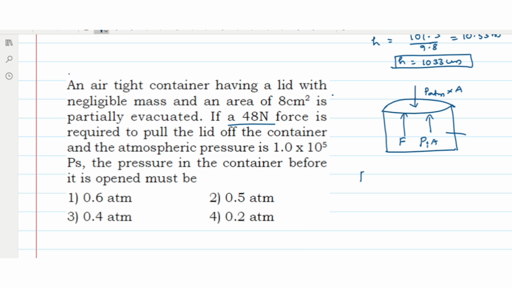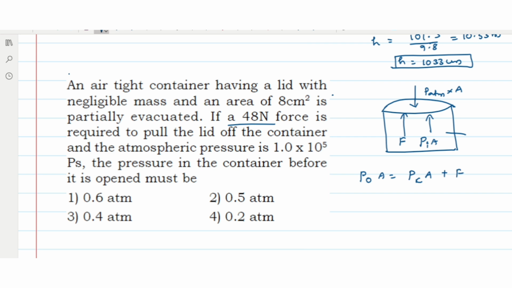So P naught, the atmospheric pressure, into A will be equivalent to these two forces. The pressure in the container, let us take as PC, into A. The area will be the same on the lid, which experiences the pressure plus some force you are applying.